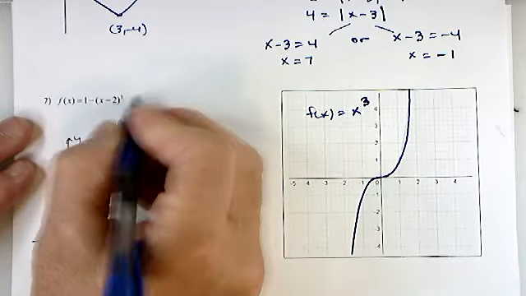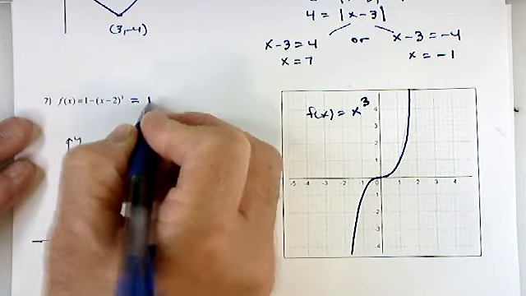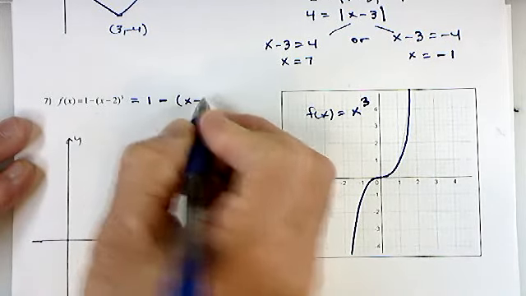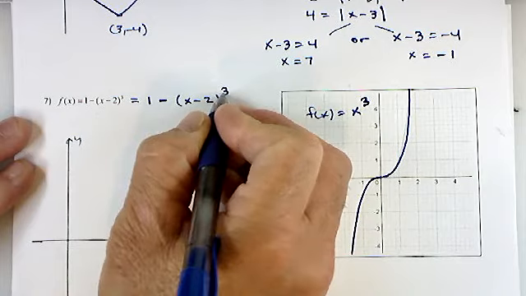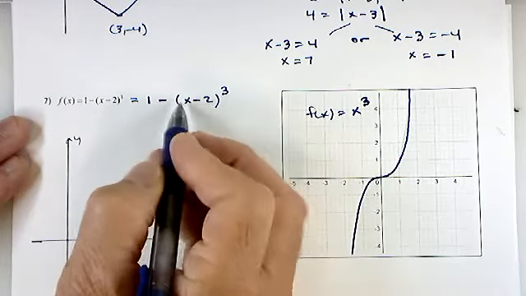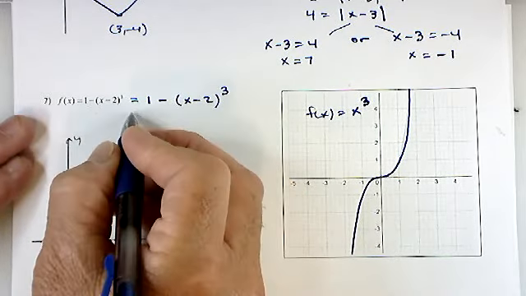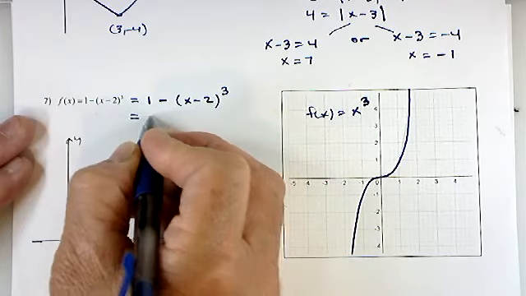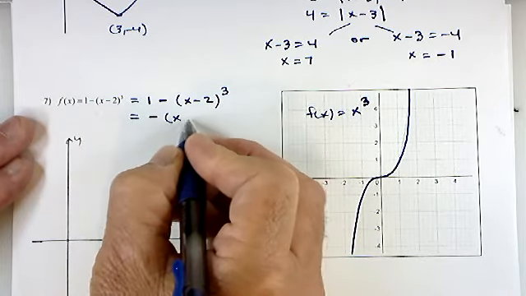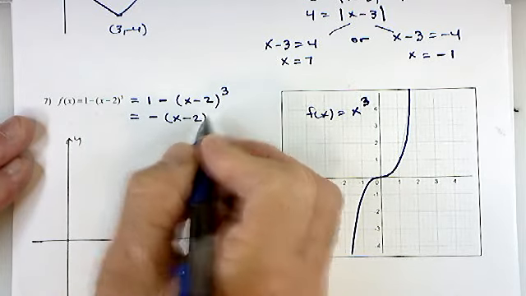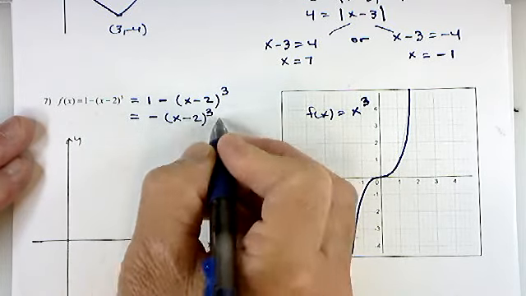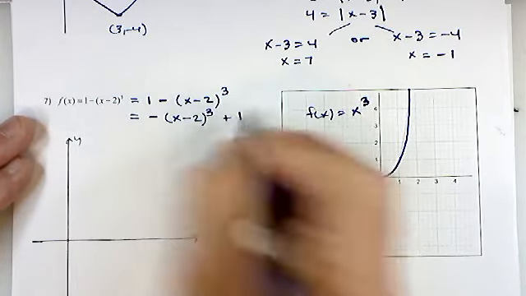And this is hard to see, but this was supposed to be 1 minus parentheses x minus 2 whole thing cubed. And sometimes you have to rearrange it a little bit to see the transformation. So I'm just going to simply rewrite this as negative quantity x minus 2 cubed, and then put the plus 1 at the end.